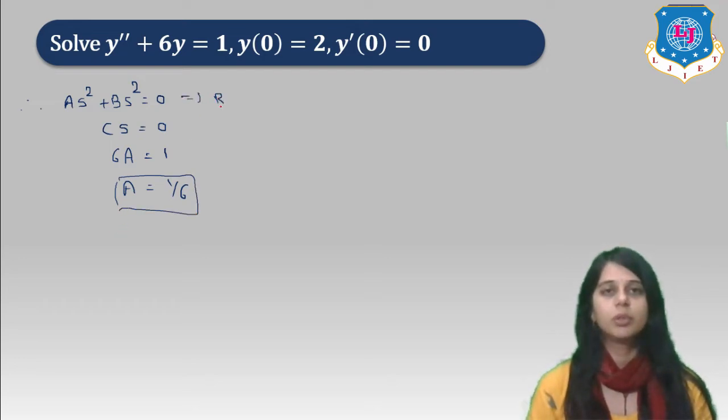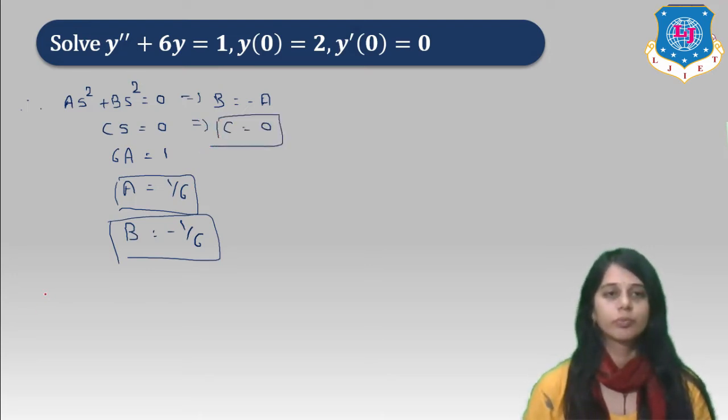From here B equal to minus A, so we get B equal to minus 1 by 6, and from here C equal to 0.